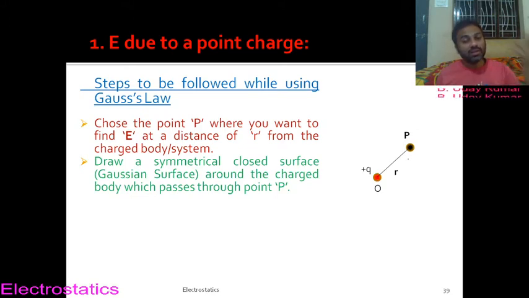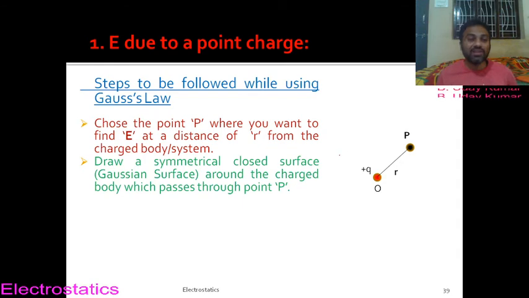While doing the proof of Gauss law, there also I constructed a Gaussian surface, a closed surface, right? Here also we have to construct a closed surface around plus Q in such a way that it has to pass through point P. Is that clear? That is the condition.